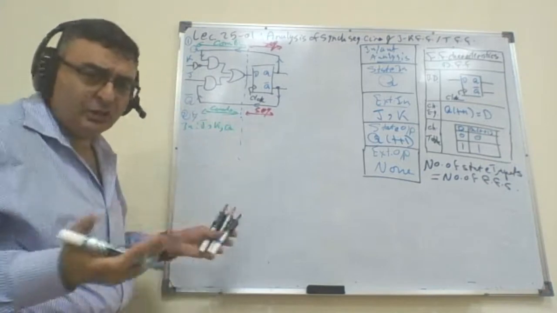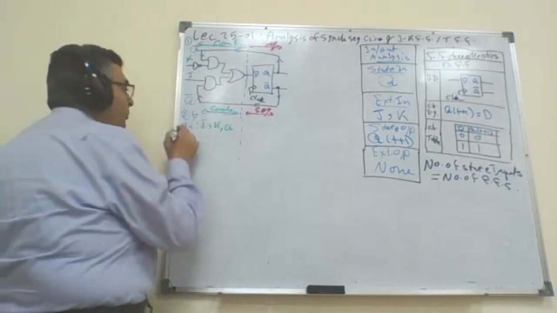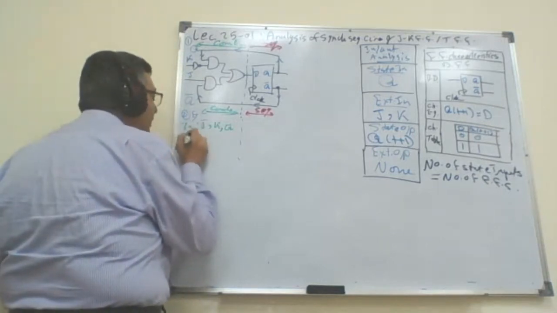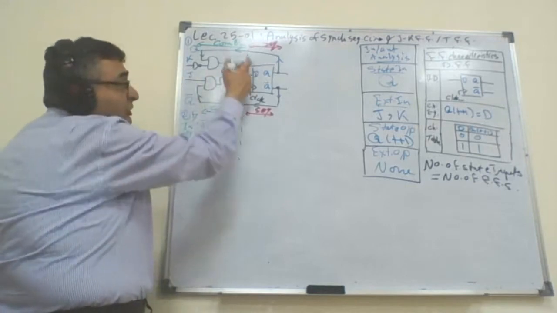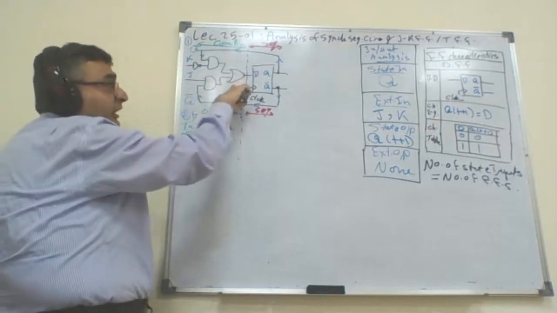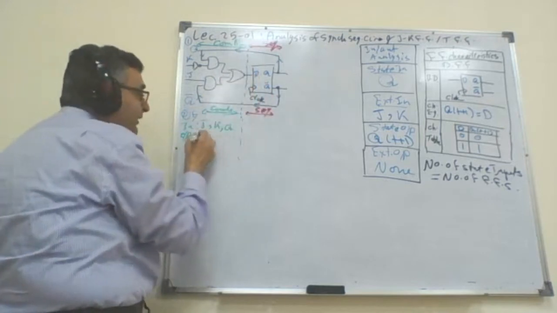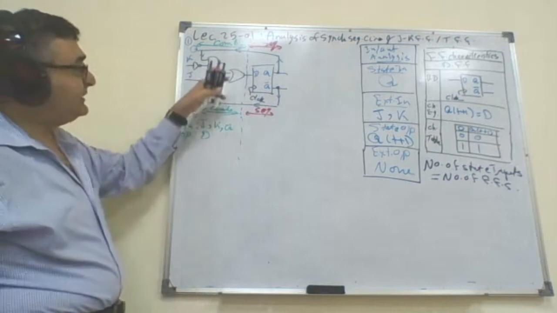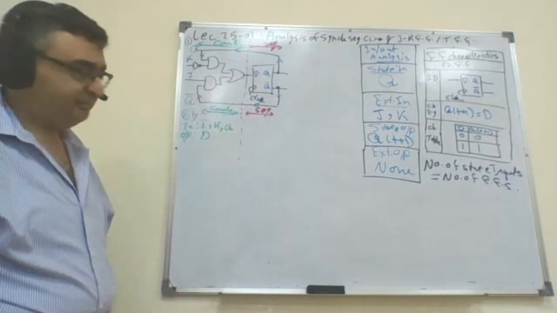We know that Q bar is the complement of Q, so actually I have three inputs. What are the outputs of the combinational part? The output of the combinational part is the interface between the combinational and sequential parts, which is simply the variable D. D is an output from the combinational part and an input for the sequential part.